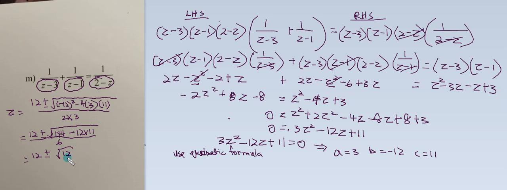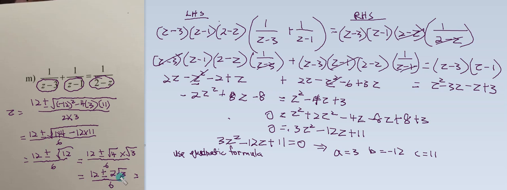So this 12 plus minus square root 12 over 6. So it's 12 plus minus, convert into some square number, 4 times 3, over 6. So it becomes 12 plus minus 2 square root 3, whole thing over 6.